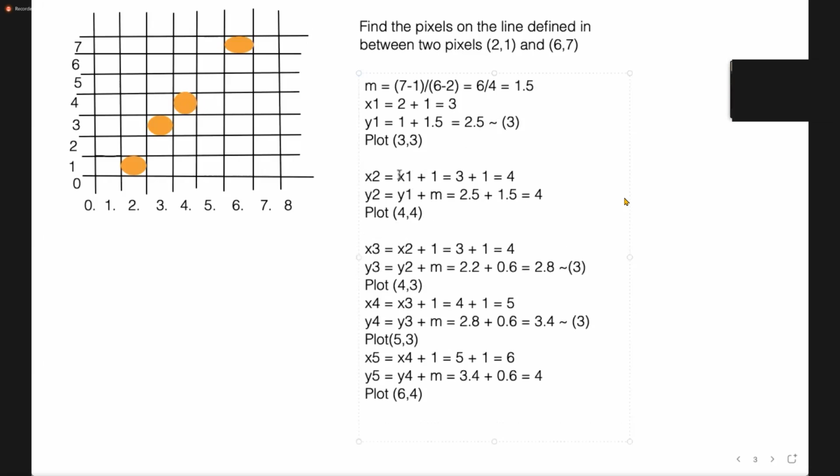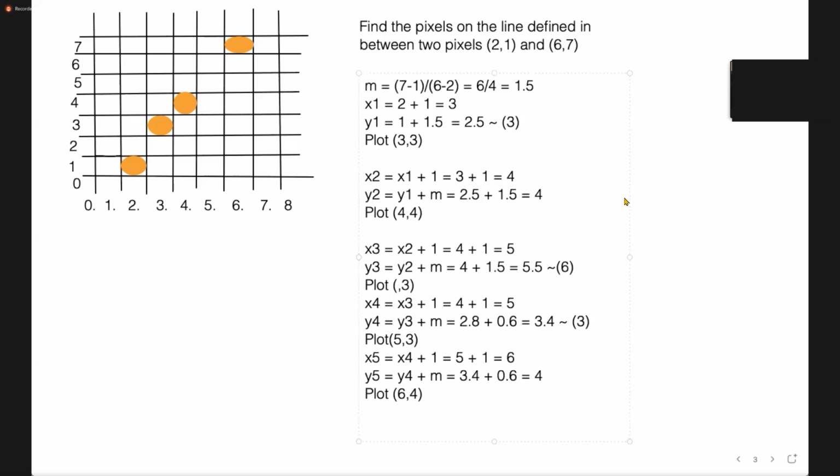This is x2. Next, I will write x3. x2 plus 1, x2 is 4, 4 plus 1 is 5. And y3 is y2 plus m. y2 means 4, and m is 1.5 here. And here, it is going to be 5.5, which is approximately 6.